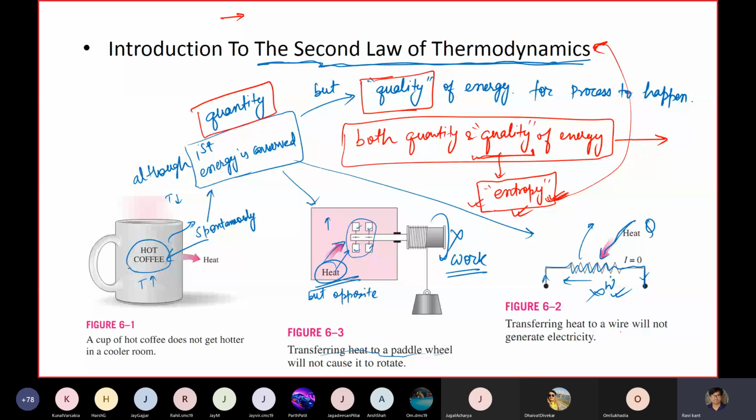The second law of thermodynamics states that the total entropy of an isolated system can never decrease over time.